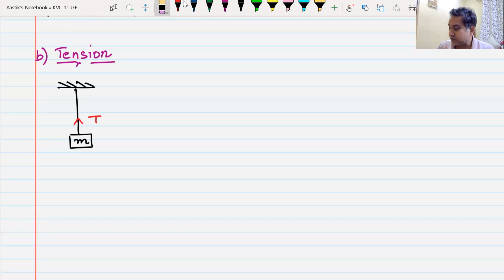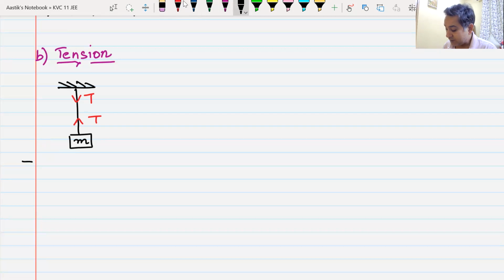Downwards. Now, when you see that it will apply force on the ceiling downwards, you can understand one thing, that string or tension in the string can only pull things. You cannot push things with a string.